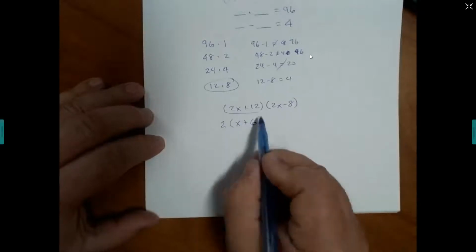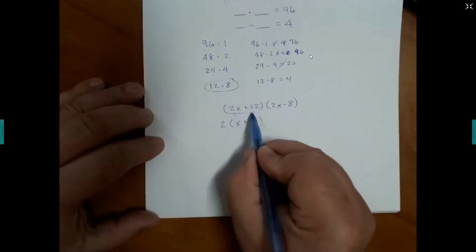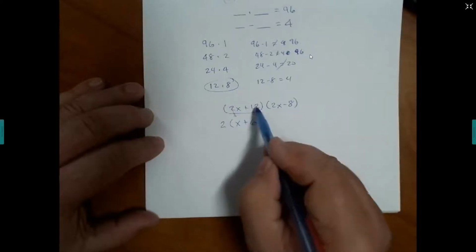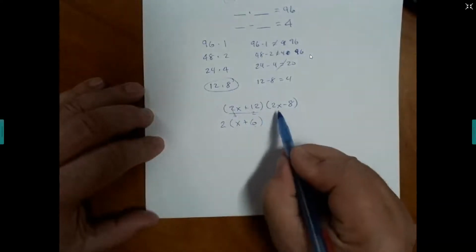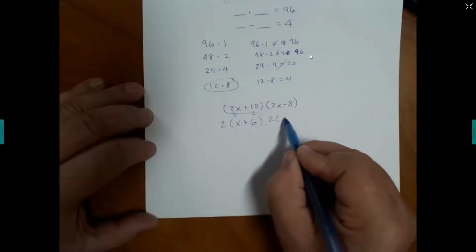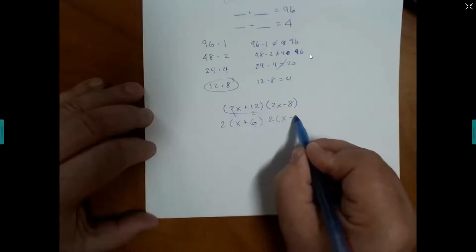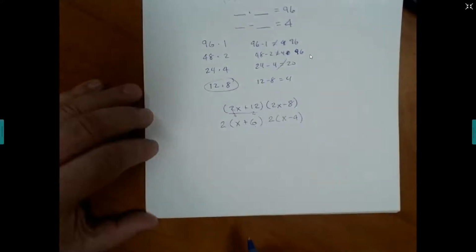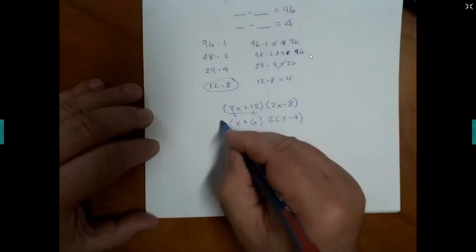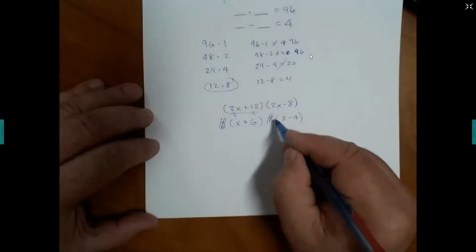Whenever you factor something out, just divide by it for the inside. The 2's cancel, you get X. 12 divided by 2 is 6. How about the second one? So this is where we got rid of the original 2's. Just delete these, get rid of them.